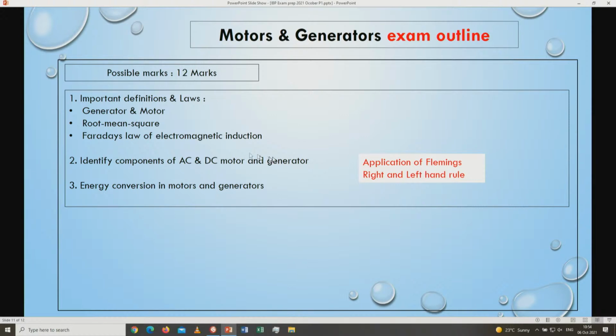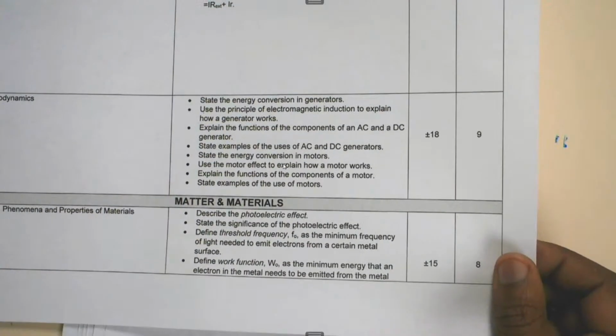Thereafter, in this particular topic, I am going to be able to achieve maximum marks. But I must also be able to apply Fleming's right and left hand rule.